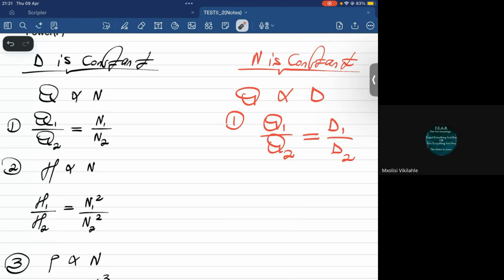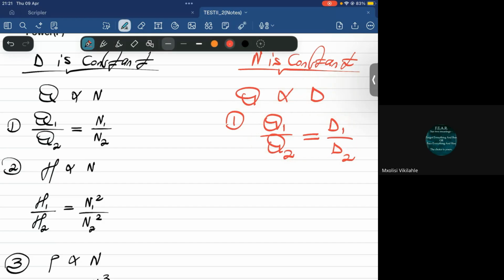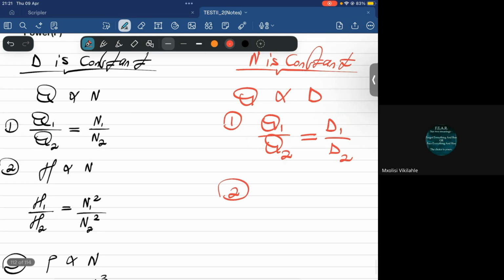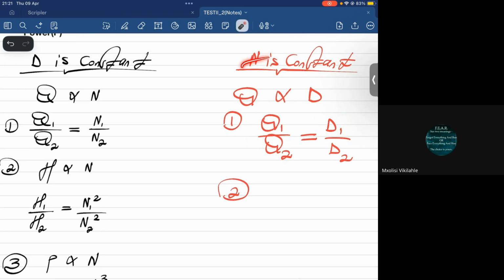So if volumetric flow rate is directly proportional to the diameter, then we'll have this. And then secondly, the impeller speed is constant.